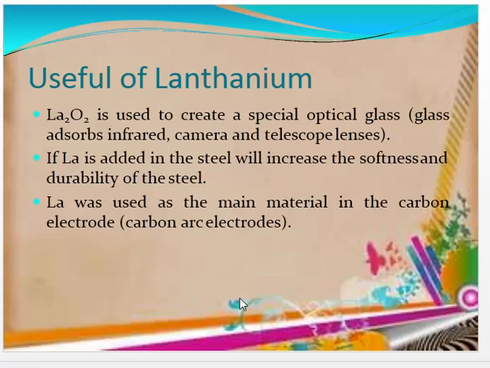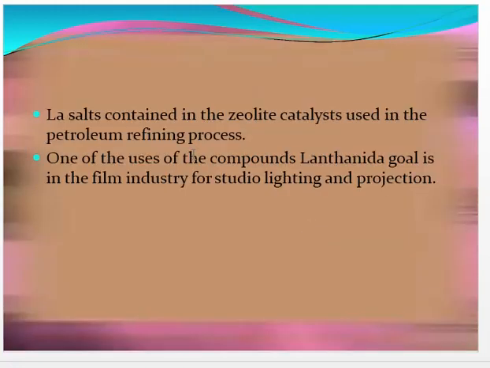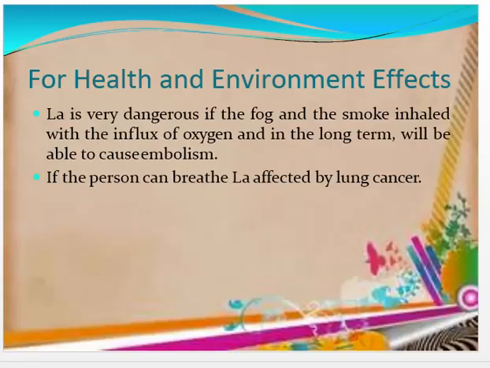Lanthanum was used as the main material in carbon arc electrodes. Lanthanum salts are contained in solid catalysts used in the petroleum refining process. One of the uses of lanthanide compounds is in the film industry for studio lighting and projection.